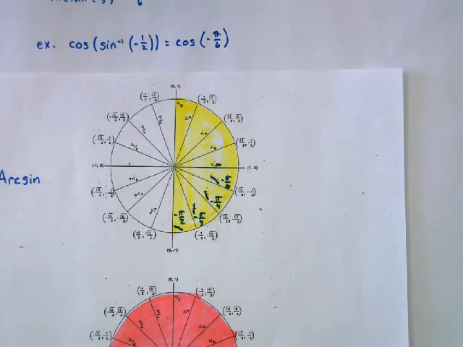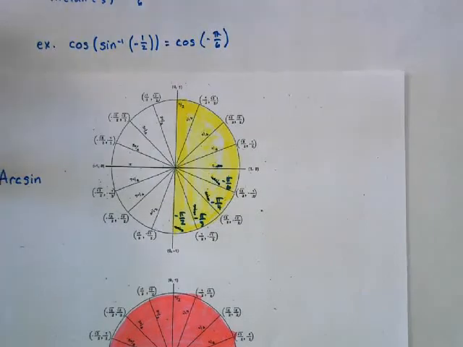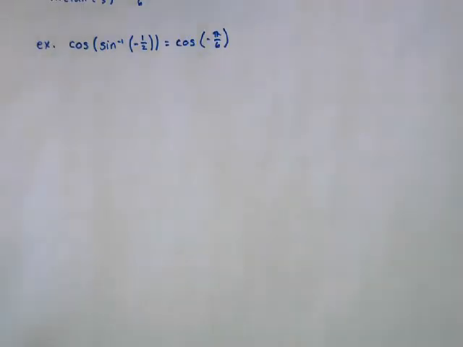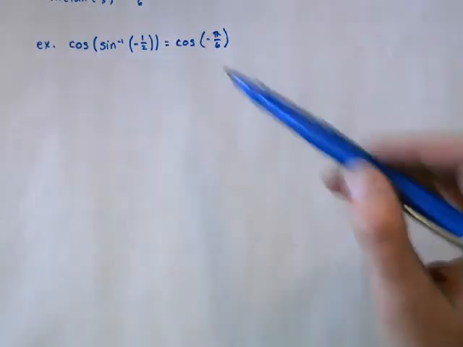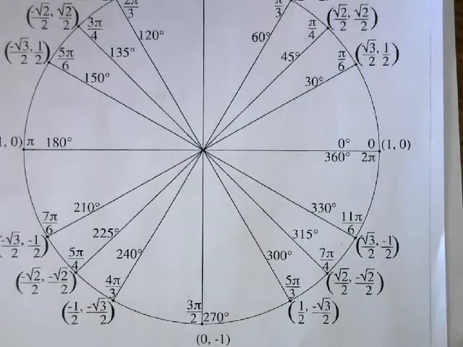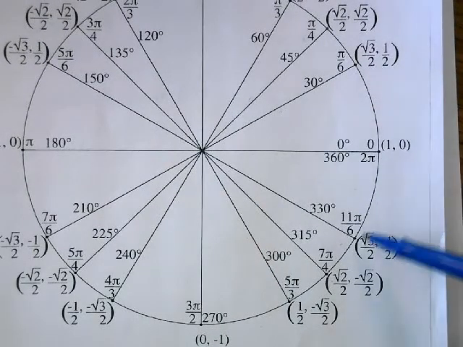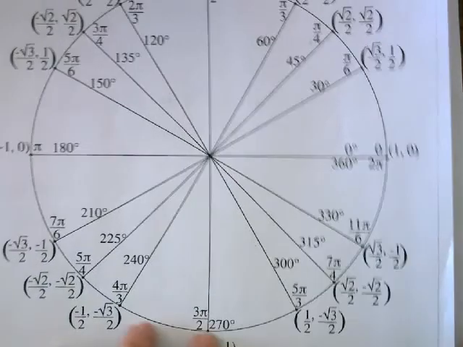Now I'm evaluating the cosine of negative pi over 6. For the inverses, you're going to use these graphs. For just our regular plain old trig functions, we're going to use our good old unit circle. So cosine at negative pi over 6, which is still going to be here at 11 pi over 6, the cosine there is going to be root 3 over 2.